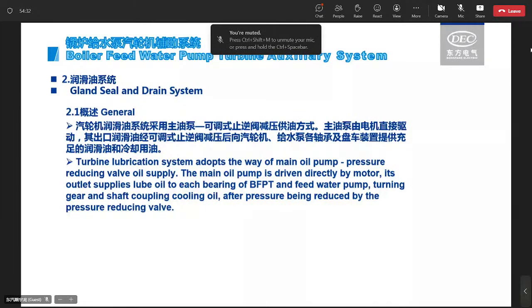The turbine lubricating system adopts a main oil pump with an adjustable non-return valve for pressure-reducing oil supply. The main oil pump is driven directly by a motor. Its outlet supplies lube oil to each bearing of the BFPT and feed water pump, and the turning gear and shaft coupling, for lubricating and cooling after the pressure is reduced by the pressure reducing valve.